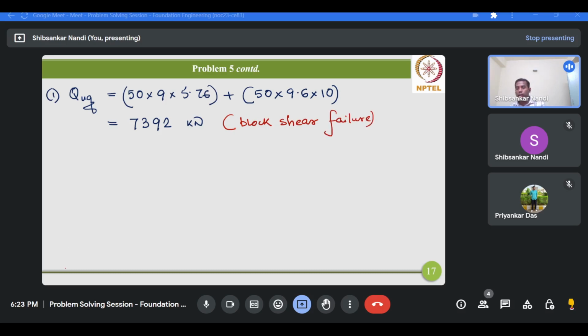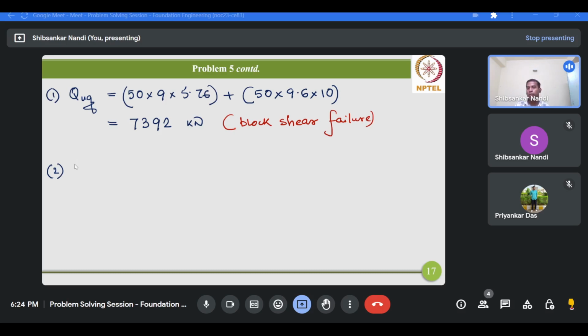Now considering the case of single pile failure, where the pile will behave individually, in that case first we have to calculate the individual load carrying capacity of each pile.